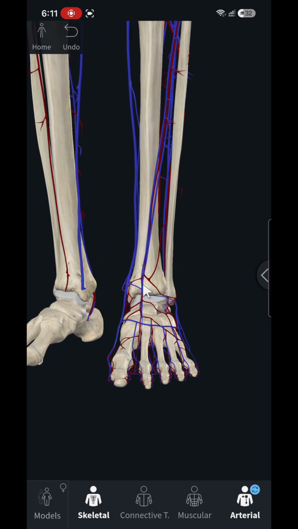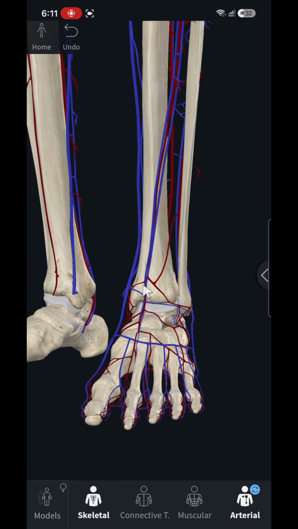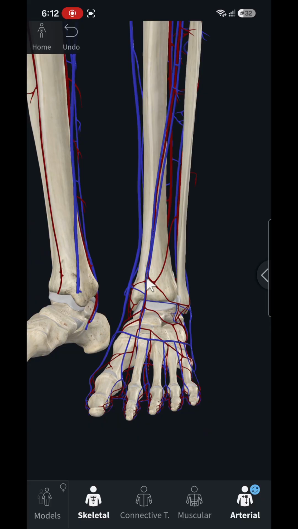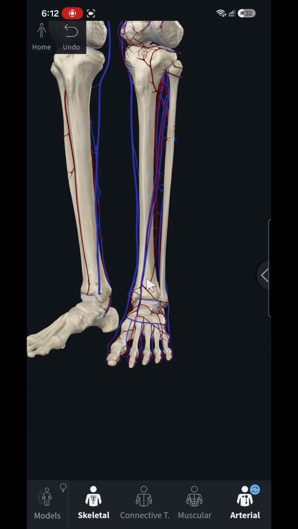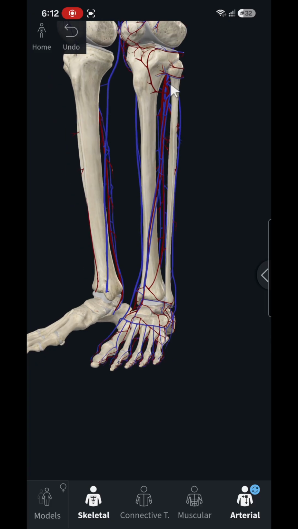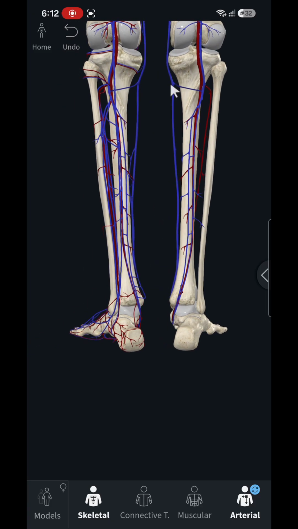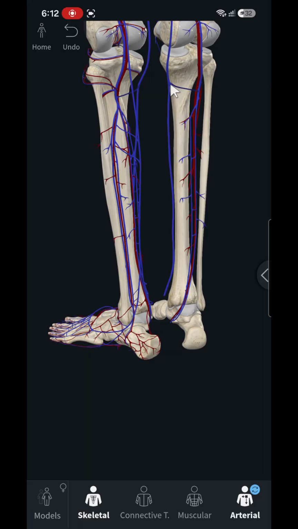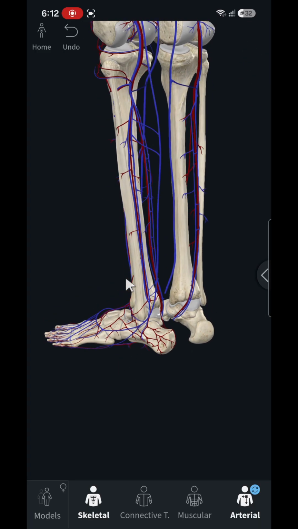And then when we view the anterior artery, which is pulsating, we look for two congruent structures, which will be our veins, right? And then we trace it upwards into the calf or the leg.